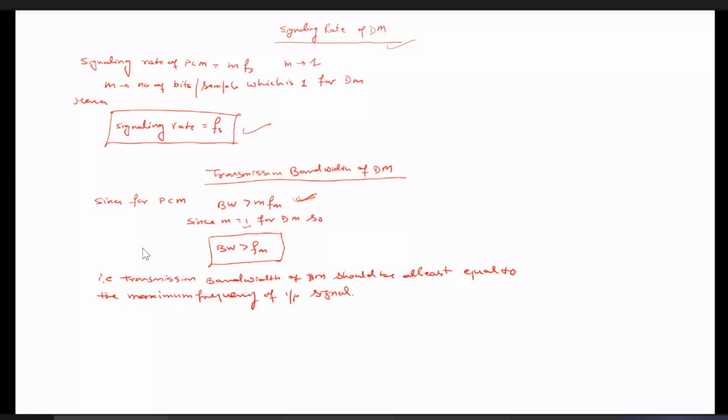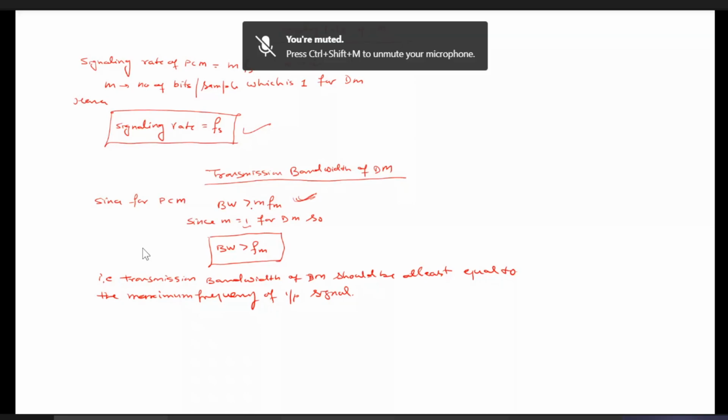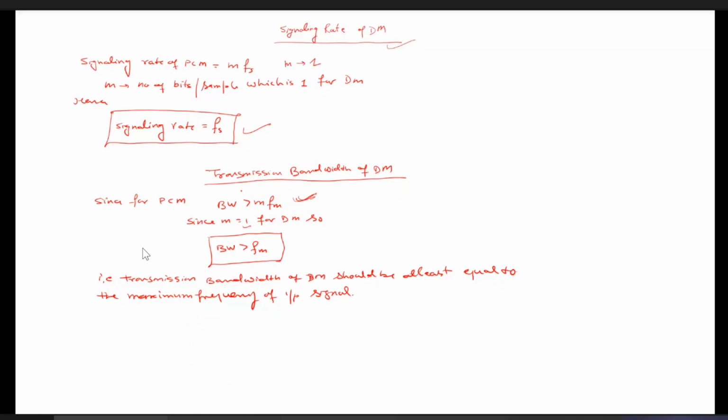The transmission bandwidth of the delta modulator should be at least equal to that of the FM, whereas in the case of PCM we have seen it is n into fm. So these are the two advantages of the delta modulator: the signaling rate reduces and the transmission bandwidth is reduced.